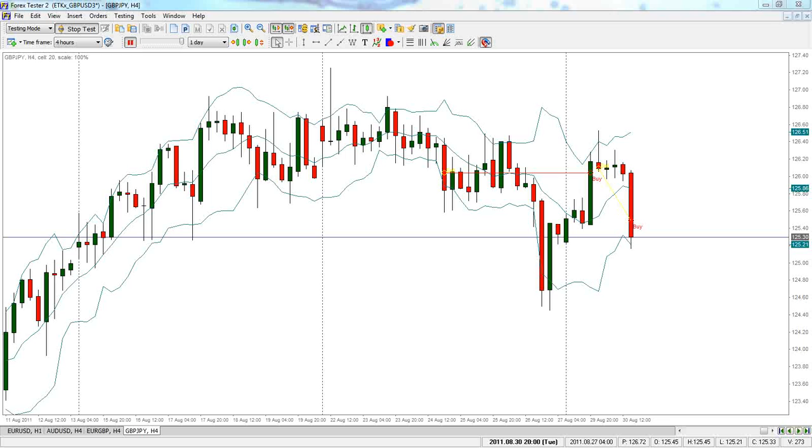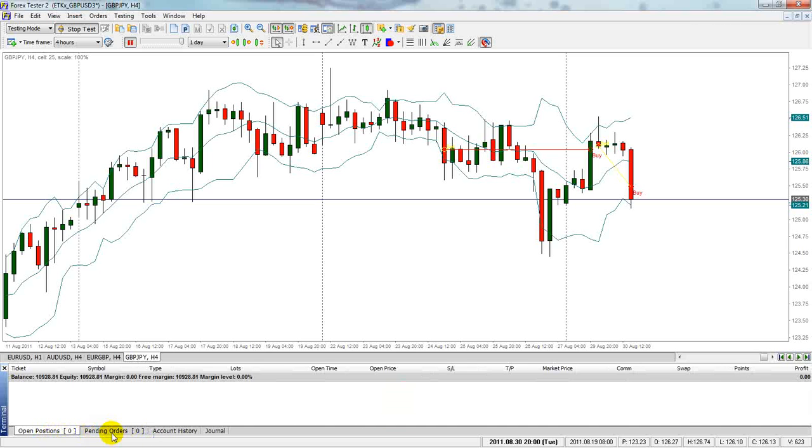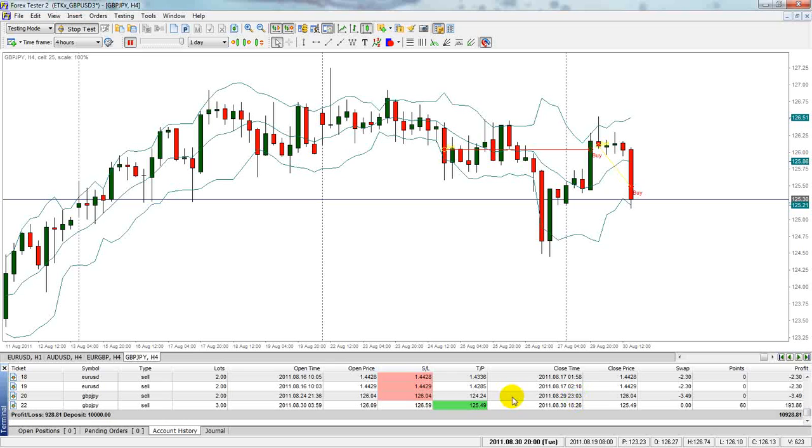So now the question becomes, what was my R for this trade? I've got to go back and say, well, what was the initial risk? The initial risk was, boom, right here. I opened at 26.09. My stop loss was at 26.59.